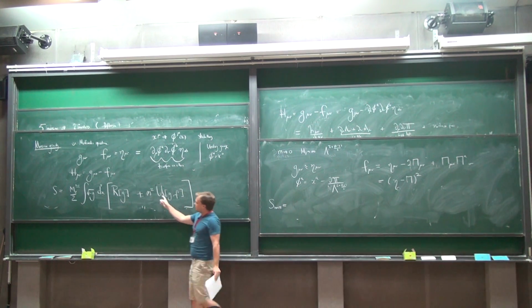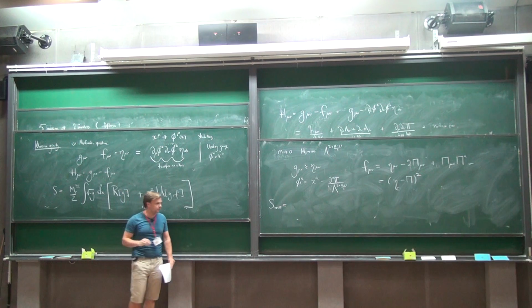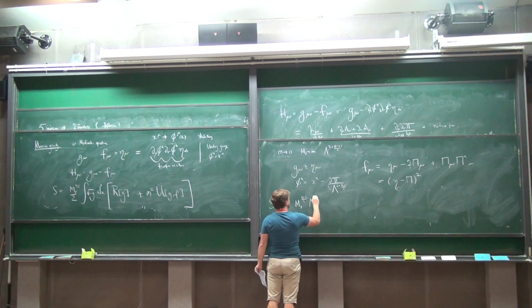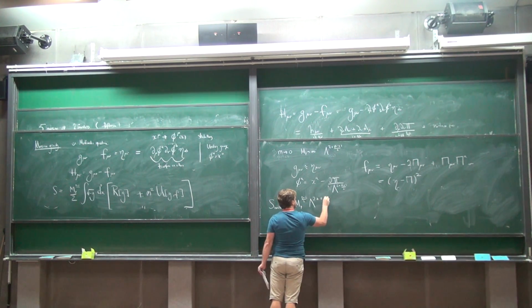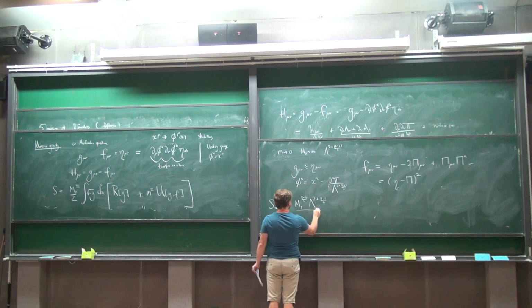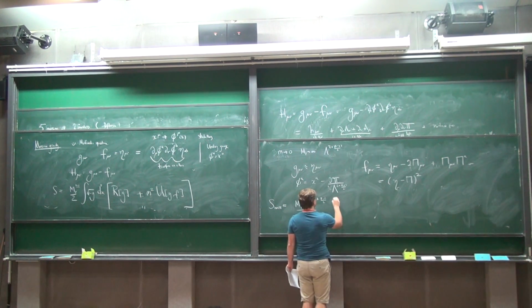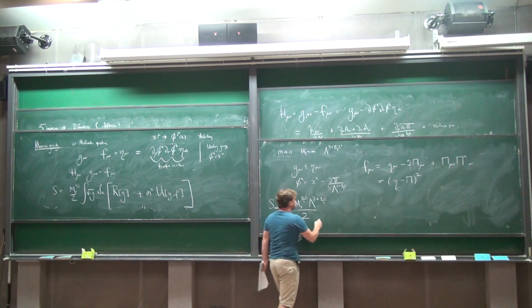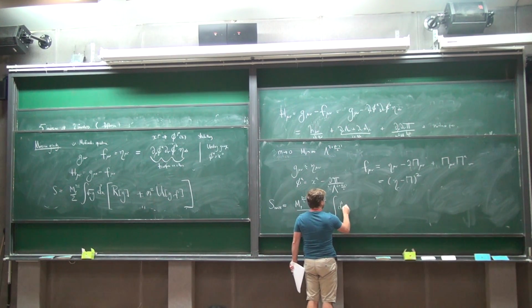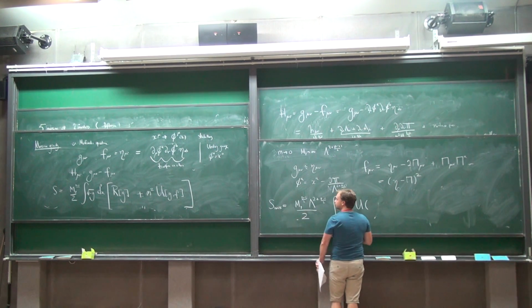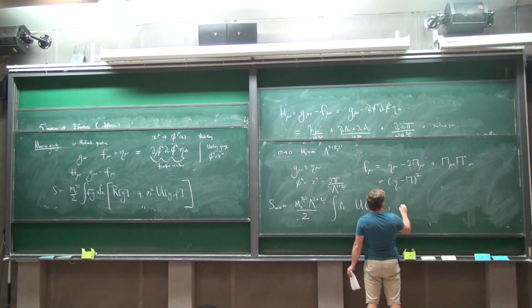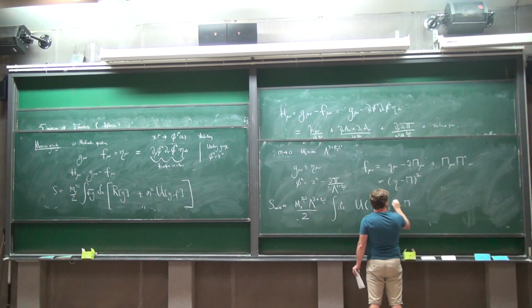And now write m squared M_Planck to the d minus 2 is the same as M_Planck to the (d minus 2) over 2, Λ to the 2 plus (d minus 2) over 2. And then the root minus g just becomes 1, so we can ignore that. And then what we'll get is the integral of d^dx U, which is just a function of η_{μν} and this f_{μν} in this form.